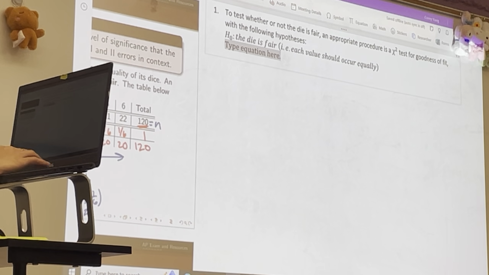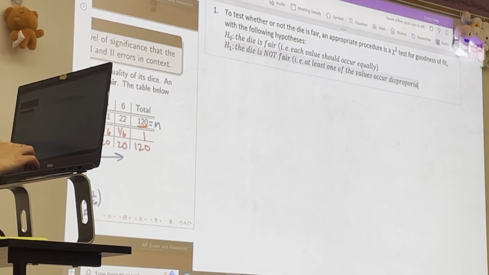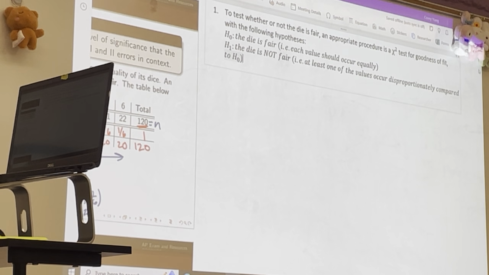Under the alternative, we're going to say that the die is not fair, or in other words, that at least one of the values occurs disproportionately compared to the null. Okay?